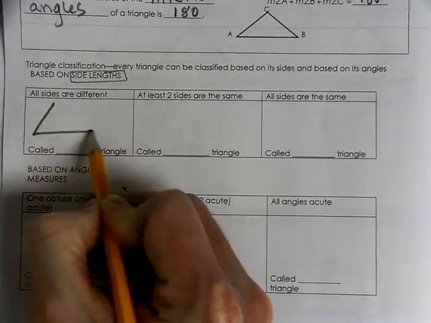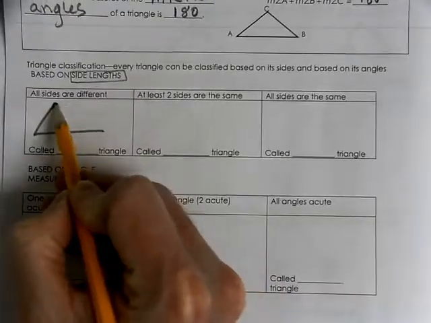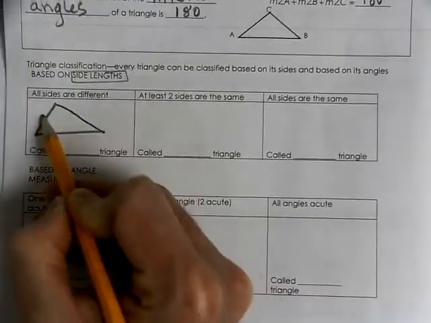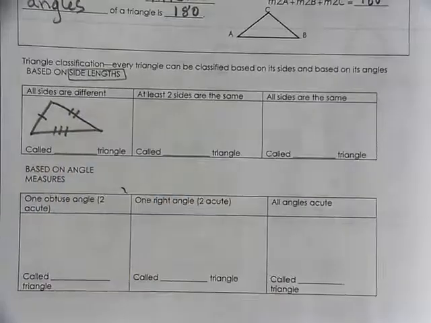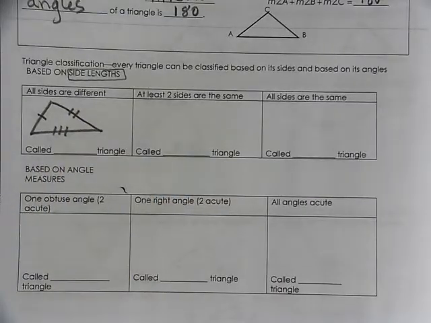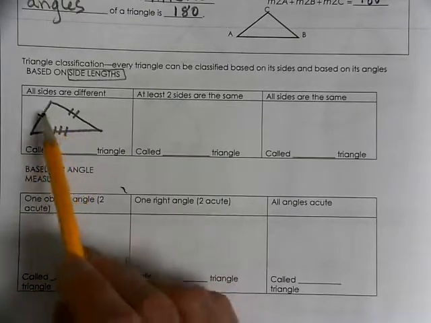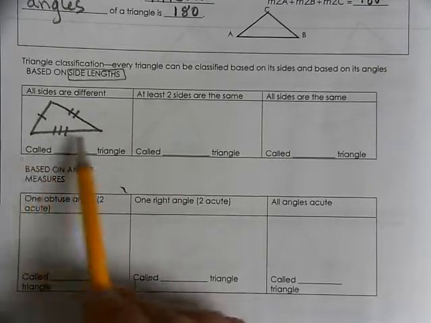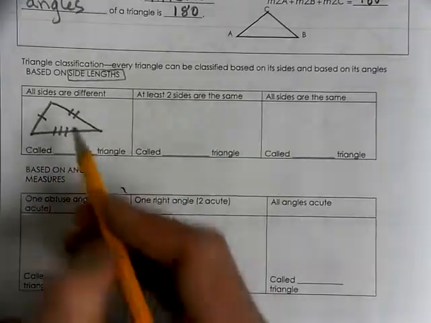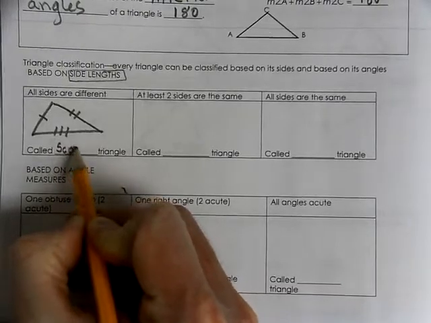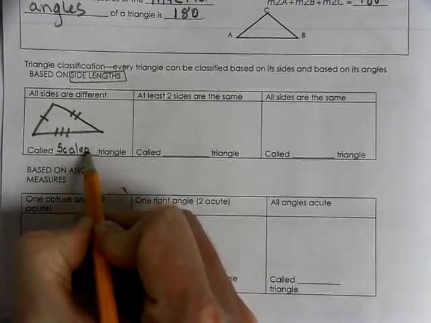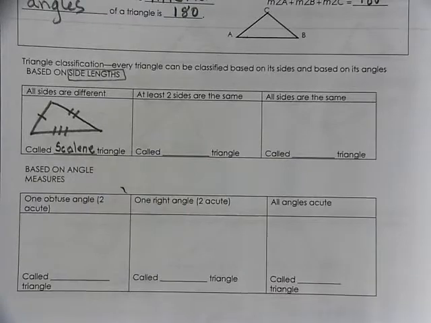There's not a lot of choices we have in terms of drawing this, but it would look something similar to this. We put a tick mark to represent each side that is different. The 1 tick mark side is different than the 2 tick mark side, which is different than the 3 tick mark side. And this would be called a scalene triangle. All three sides are different.